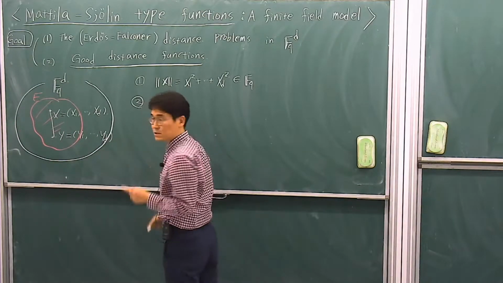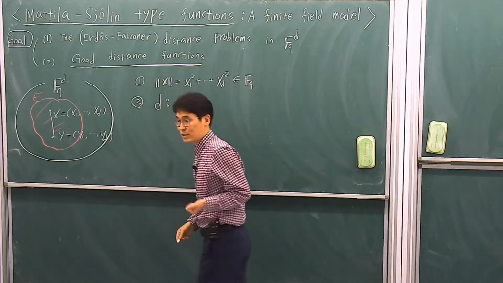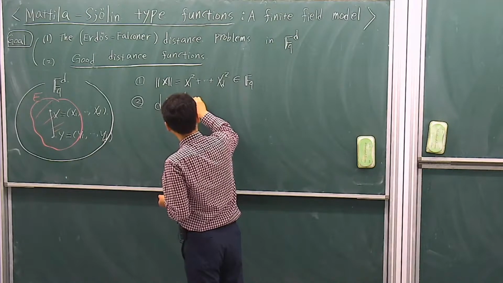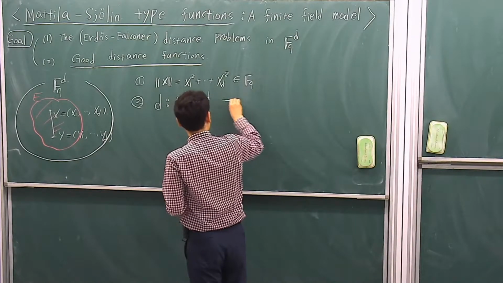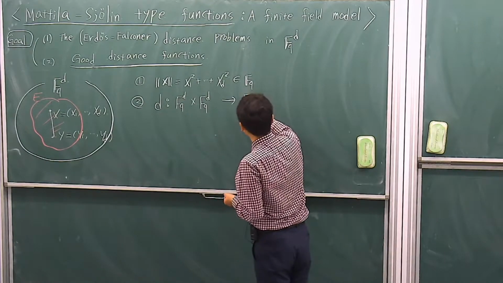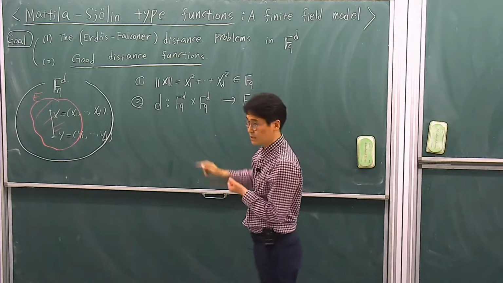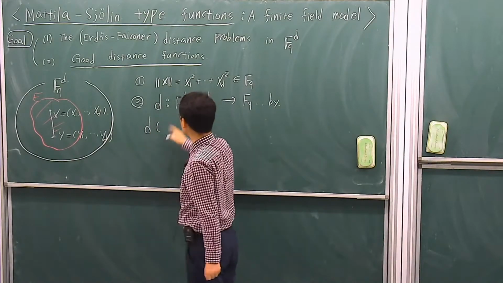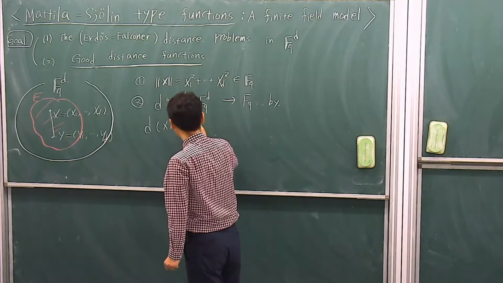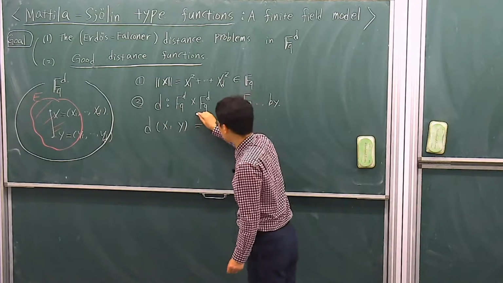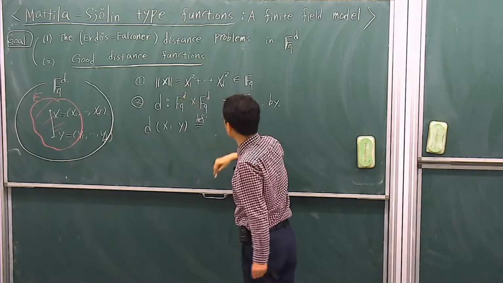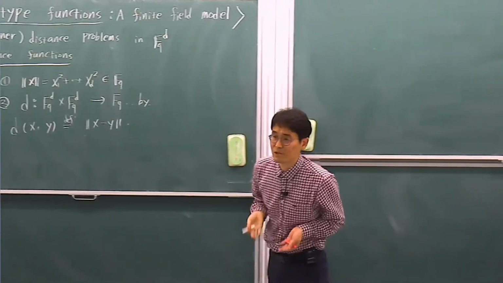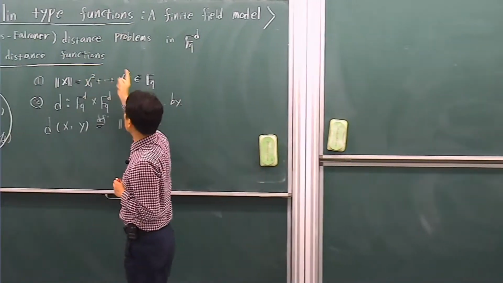Let me define the distance function. It is a function on F_q^d times F_q^d, a finite-valued function. The distance from x to y is defined using this notation. It's natural, but here there is no square root because this is a finite field.